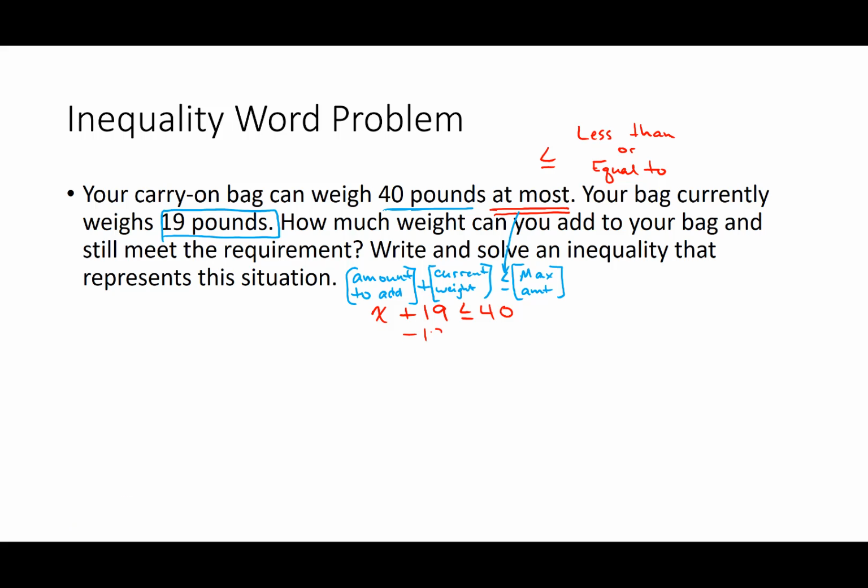Now subtract 19 on both sides. X is less than or equal to 21 pounds. So here's 0. Here's 21. So it's less than or equal to 21 pounds.